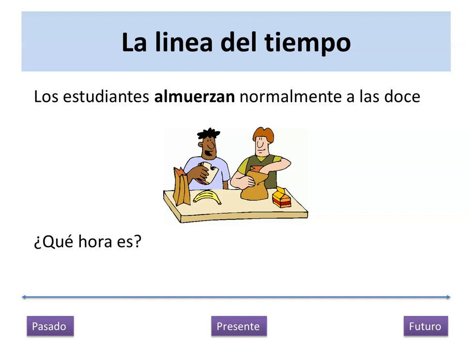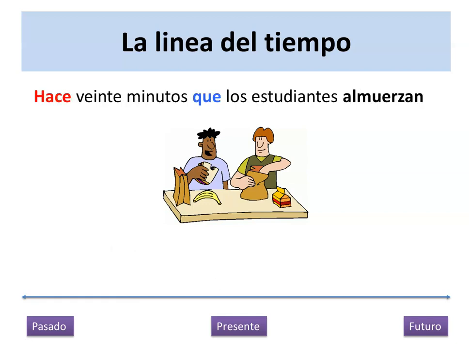Okay, ¿qué hora es right now? Son las 12, noon. Imagine that right now is 11:20, so it's been like 20 minutes that the students are having lunch. So in Spanish we can say that hace 20 minutos que los estudiantes almuerzan.